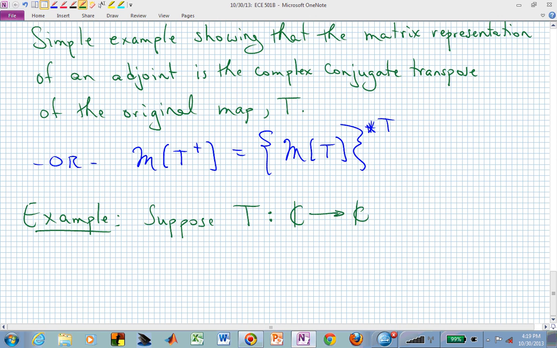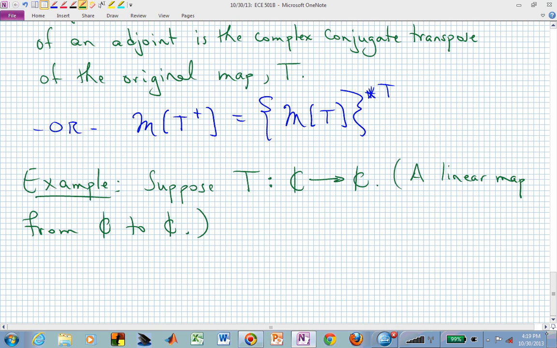Suppose we have a linear map, T, that's taking a one-dimensional complex inner product space, C, into another one-dimensional complex inner product space, C. We have a linear map from C to C. I feel like I should be singing from C to shining sea. No, that's different C, isn't it? Maybe that doesn't make any sense to most of you, but never mind.